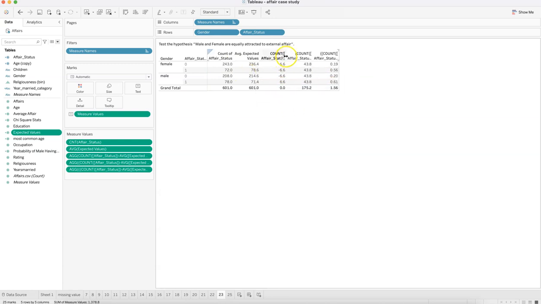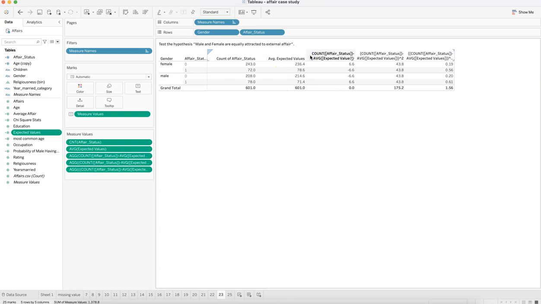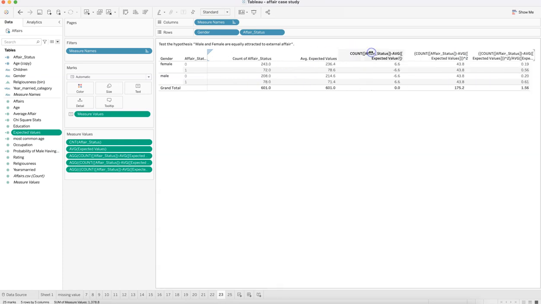Then what we have to calculate over here, if I just extend it a little bit, is observed minus expected value. So if you see count of affair status minus average of expected value.